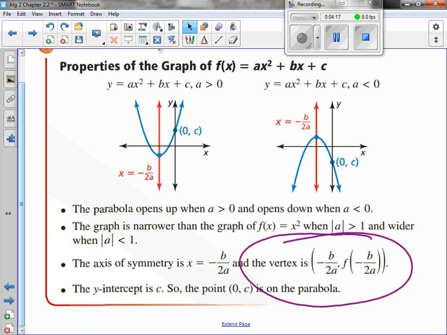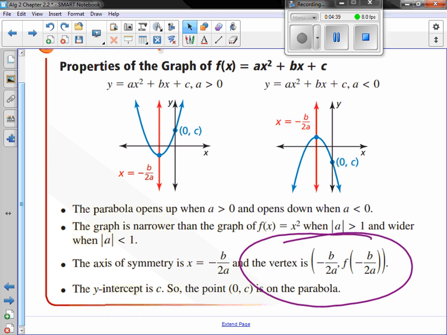And the axis of symmetry is x is equal to negative b over 2a. So I'd circle that on your page, because that's what we're going to be using and utilizing, the axis of symmetry and the vertex.